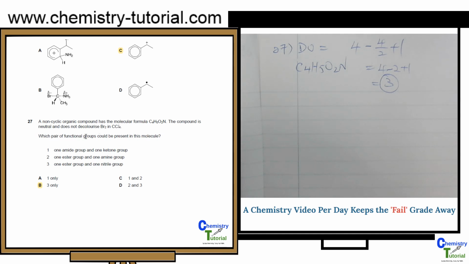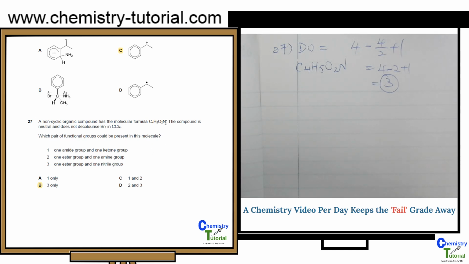Now the next one is that it does not decolorize Br2 in CCl4. So let's check. Does amide decolorize Br2? No, because that one is more for benzene ring and alkene. Ketones as well do not decolorize. I feel that this part is a bit hard to decide between 1 and 3, because the information given seems to be incomplete.